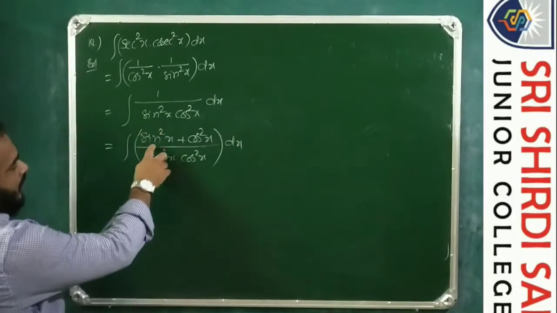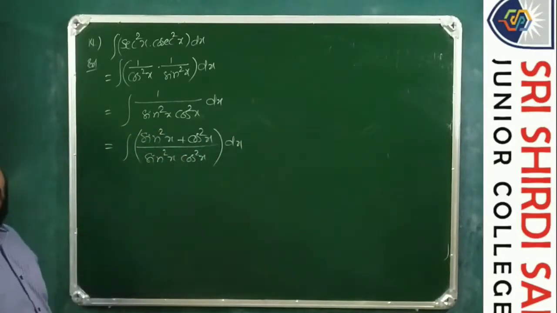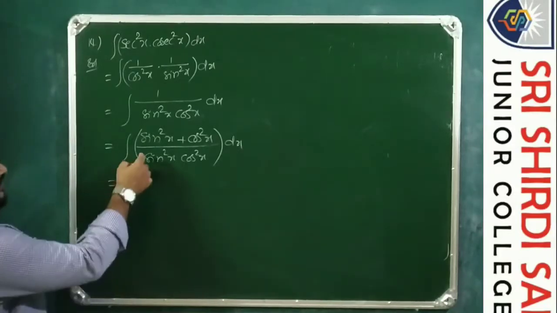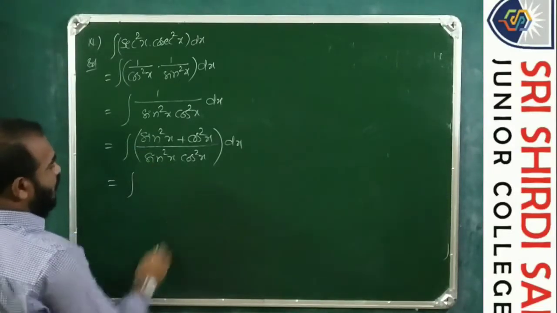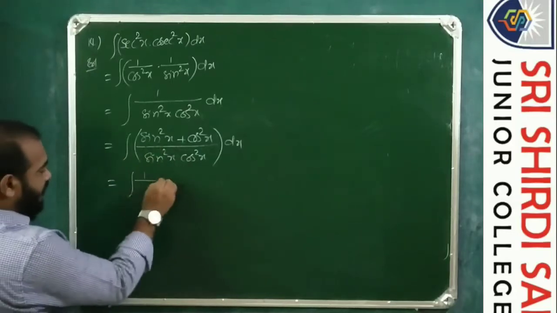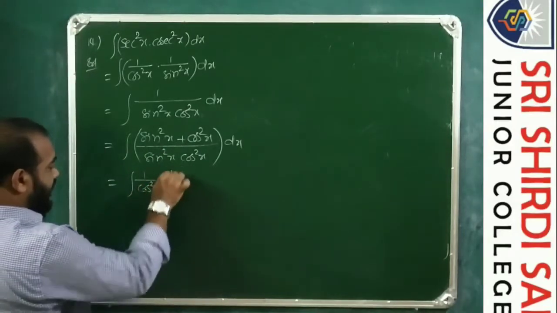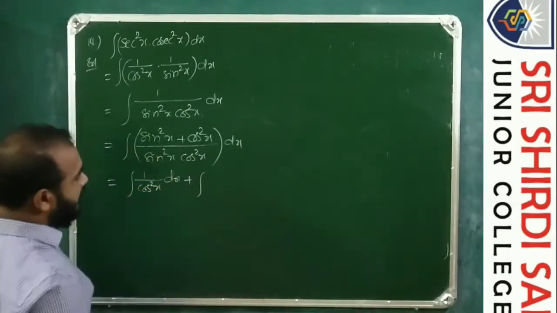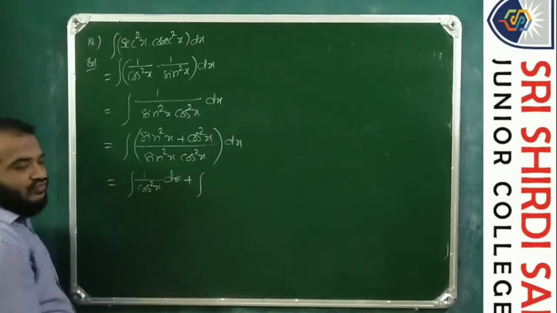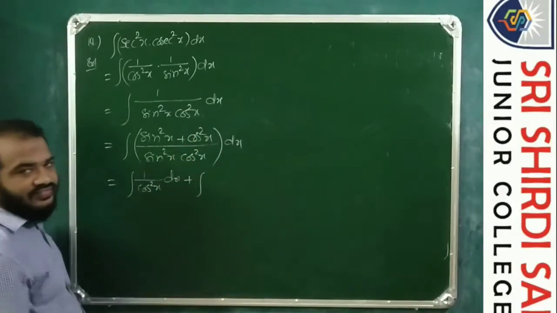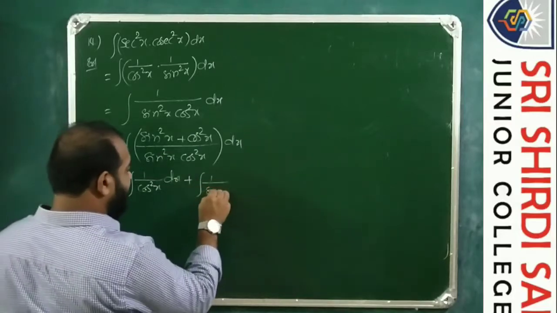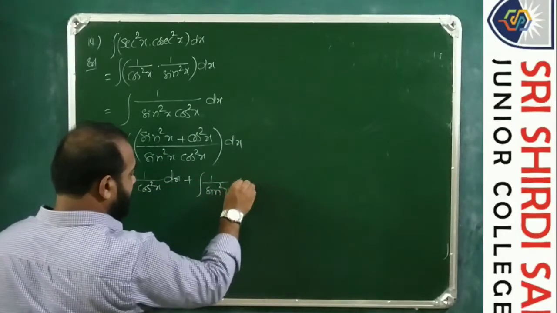Now this is in the form (a + b)/c is a/c plus b/c. Sin² x by sin² x into cos² x, these two get cancelled. We are left with 1 by cos² x dx. Similarly, cos² x by sin² x into cos² x, cos² x gets cancelled, 1 by sin² x dx.